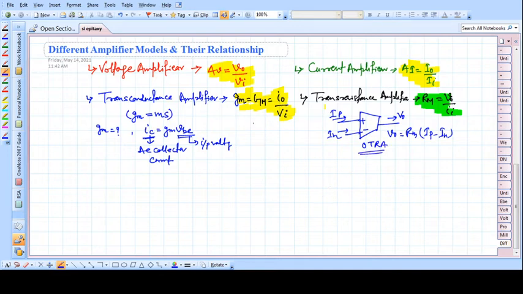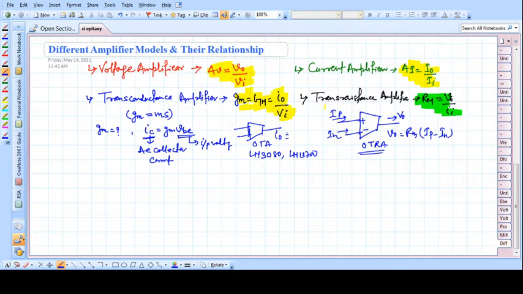Okay, and the transconductance amplifier is our OTA, that is our LM3080 or LM13700. Here the output is I naught.